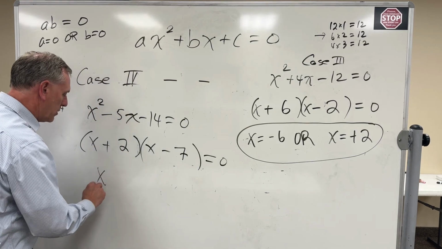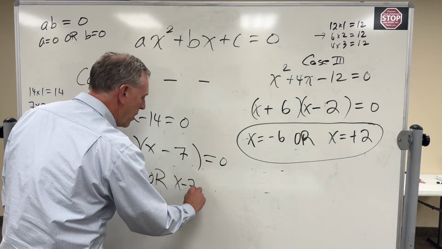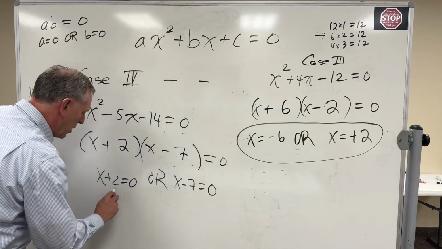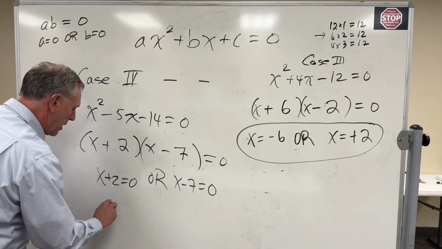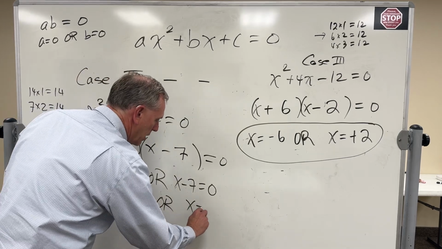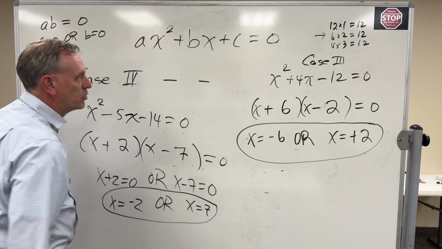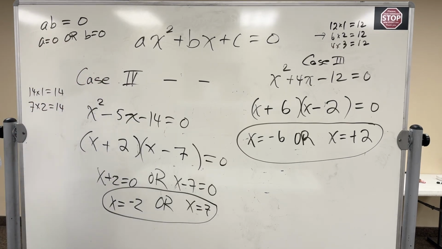So this means that x plus 2 equals 0, or x minus 7 equals 0. So you can see there that x equals minus 2, or x equals 7. So there's our solution to those. So that's how you do cases 3 and 4.